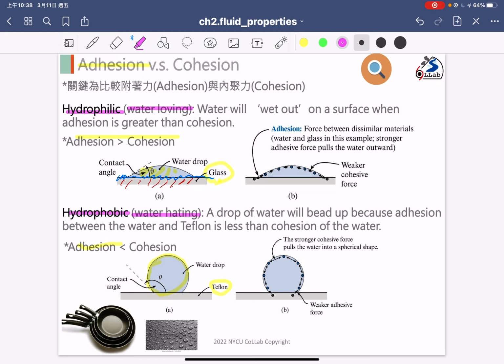But the key knowledge here is adhesion and cohesion. You just compare which one is larger. If the adhesion is larger, that means the material is water loving. If the cohesion is larger than adhesion, we call that water hating. So you can just keep these properties in mind.